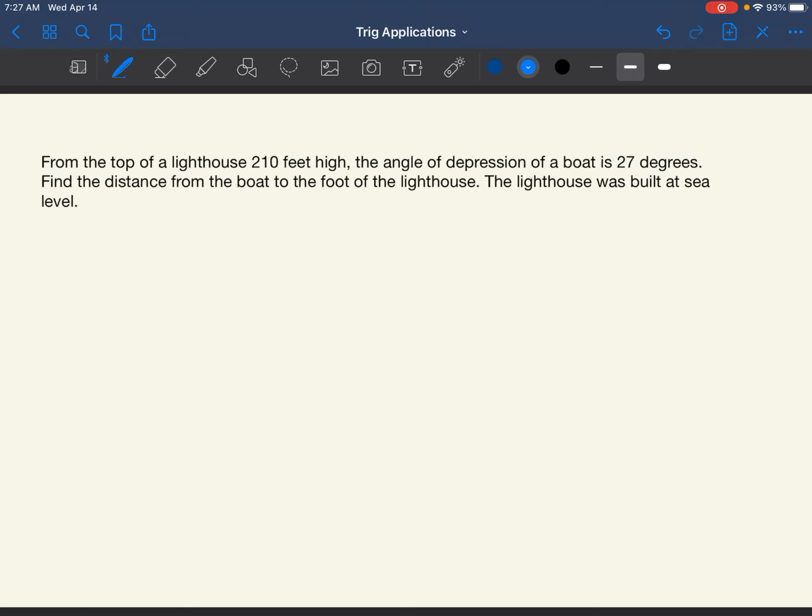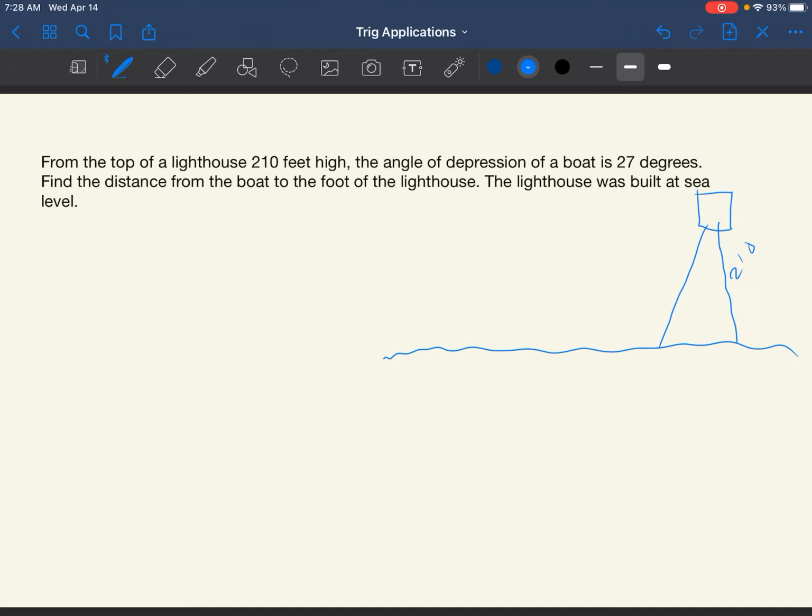From the top of a lighthouse, 210 feet high. So I'm going to draw a lighthouse. My lighthouse is 210 feet high. It says the angle of depression of a boat is 27 degrees.